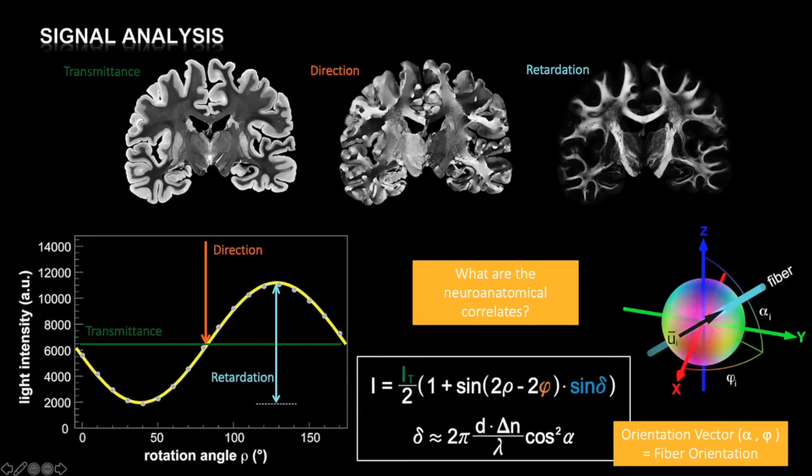So the direction here is the in-plane fiber orientation angle, and the retardation includes all the birefringence physics we have. It depends on the thickness of the brain section, on the local birefringence strength of the fibers and the used wavelength, and it also depends on the out of sectioning plane orientation.